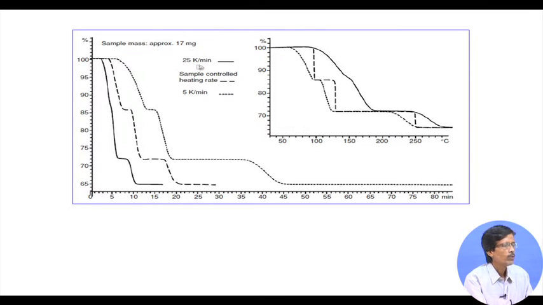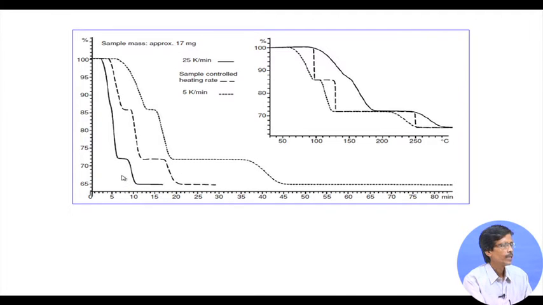The heating rate for the solid line is 25 K per minute, the slowest one is the dotted line, and the intermediate one is the dashed line.